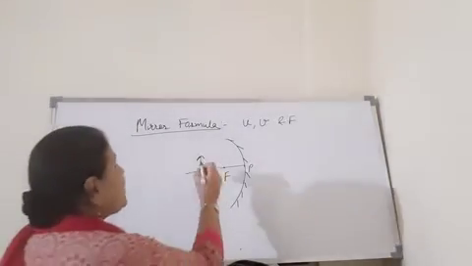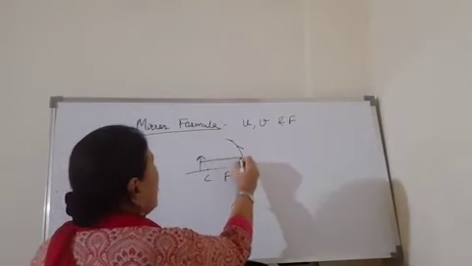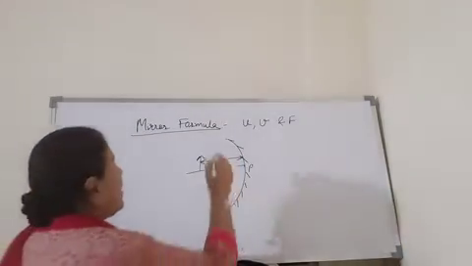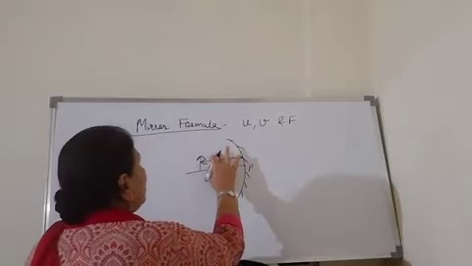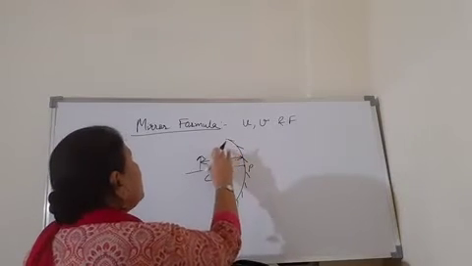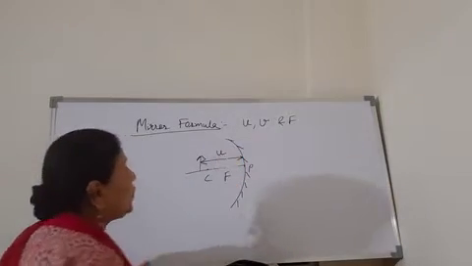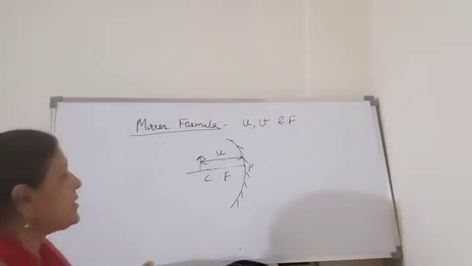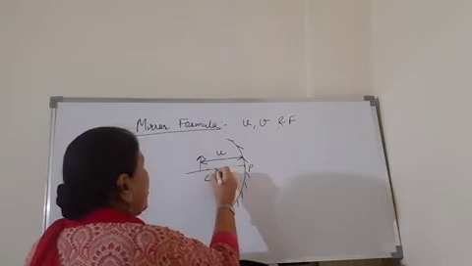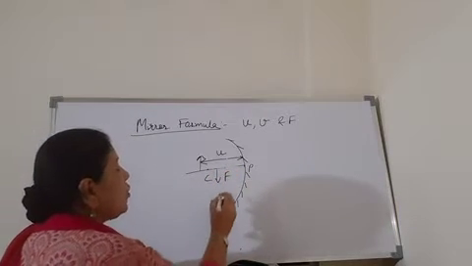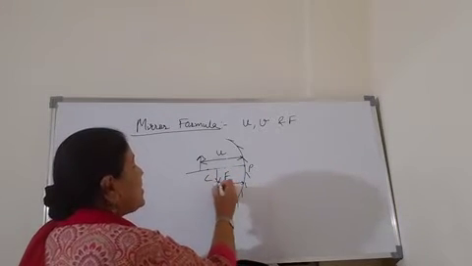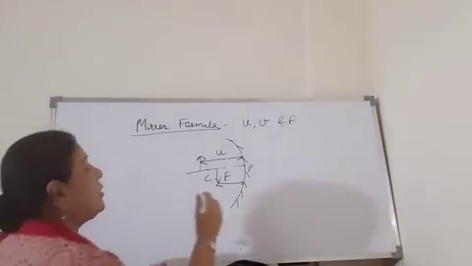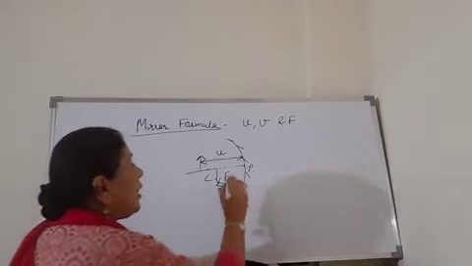The distance between the object and the mirror is referred to as U. What is U? The distance between the mirror and the object. Let's assume the image is formed here. So the distance between the image and the mirror is referred to as V.